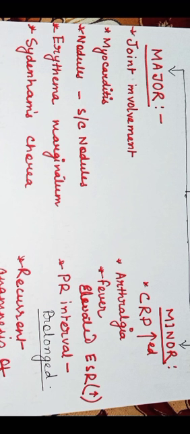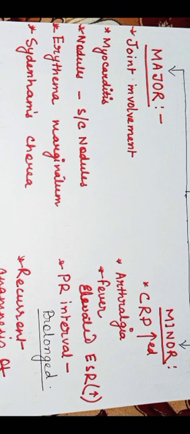Next, when there is myocarditis, what changes are we going to find in the ECG? We are going to find PR interval prolongation. So that is included in the minor criteria, that is, PR interval is prolonged in the minor criteria in rheumatic fever if there is myocarditis as the major criteria.